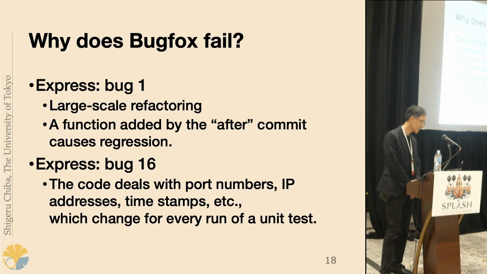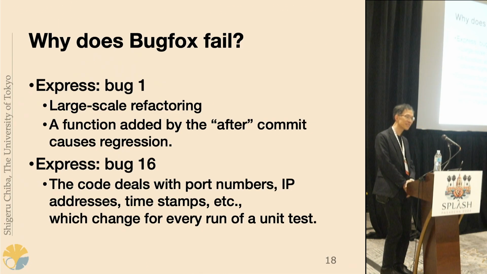The second case that Bugfox could not find was bug 16. By the way, Express is a pretty popular JavaScript web server, web app framework. In this second case, the test code deals with lots of randomly generated numbers, like port numbers, IP addresses, timestamps, etc., which change for every run of the unit test.